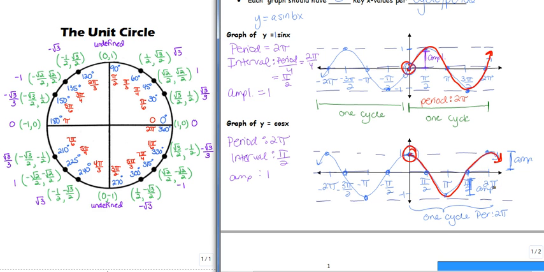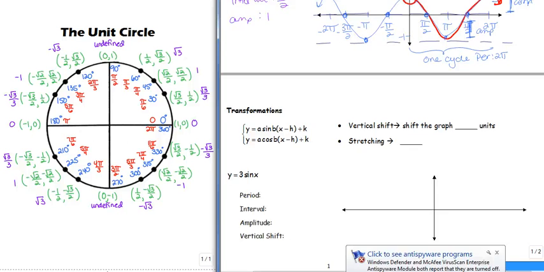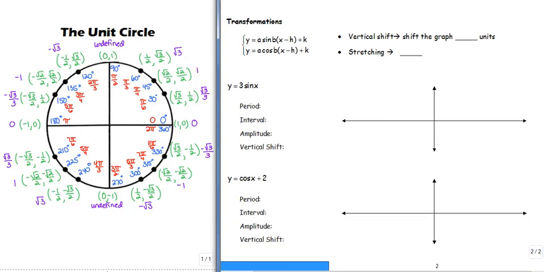Alright, so let's go ahead and flip over to the back page. And let's talk about different transformations that we're going to see. So again, we have our general form, the A from before, the B, that is going to determine your period, your interval.